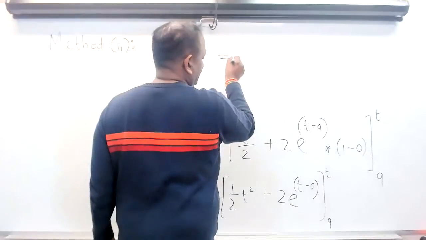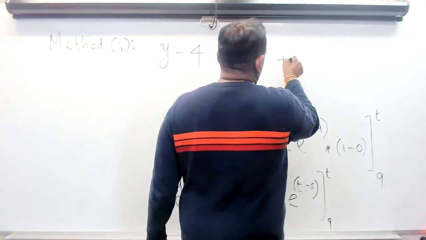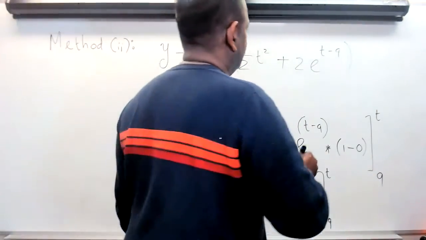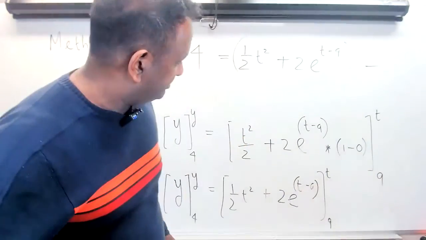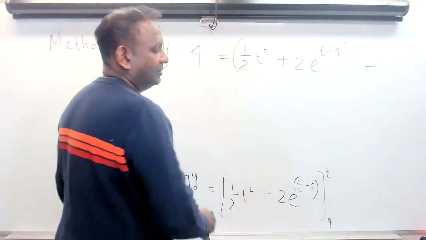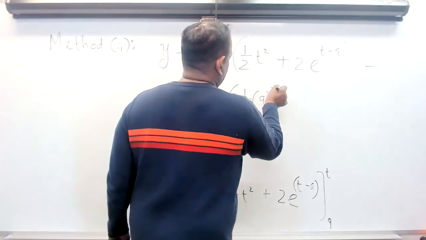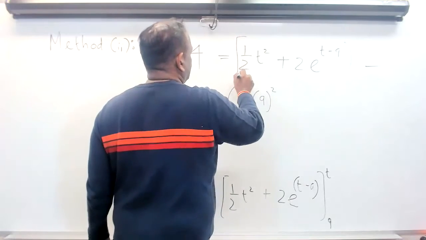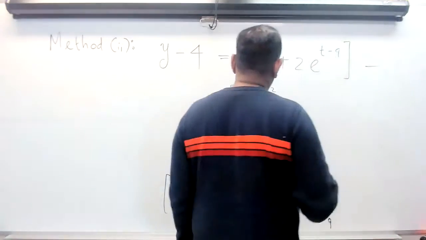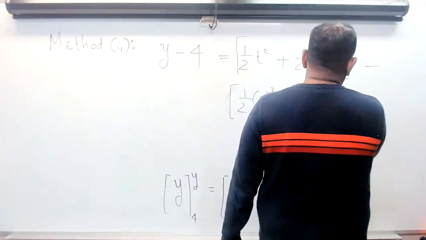And this side, upper bound means t: 1/2 t squared + 2e^(t-9), minus for the lower bound, you get 1/2 of 9 squared, I'm going to put the bracket, plus 2e^(9-9).